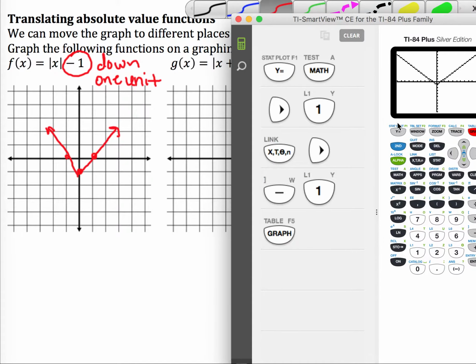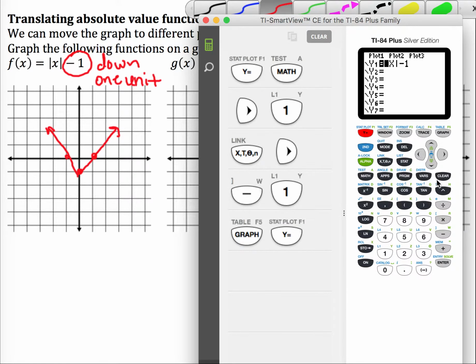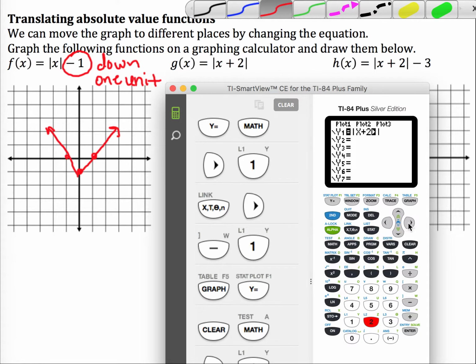So we go back into y equals. We can clear everything out so we no longer have any functions, and we can plot the next one. So we go to math, arrow over to number. Number 1 is absolute value. Then we put in our x. Now we want to put plus 2 inside of our absolute value.